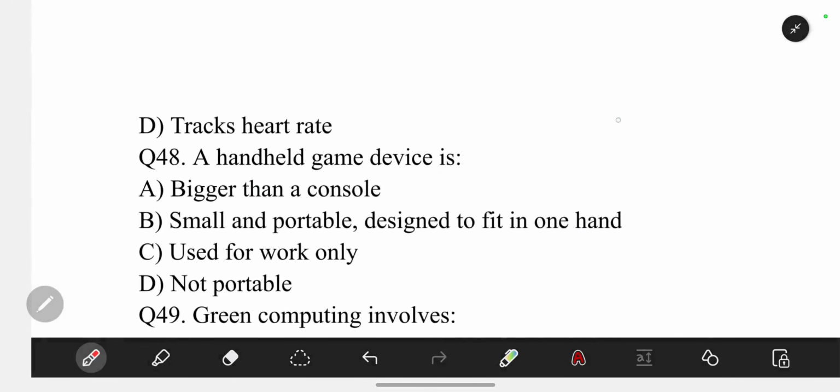A handheld gaming device is any device that can fit in your hand. That's the main aspect. It should be able to fit in your hand. So it is a small portable device designed to fit in your hands.